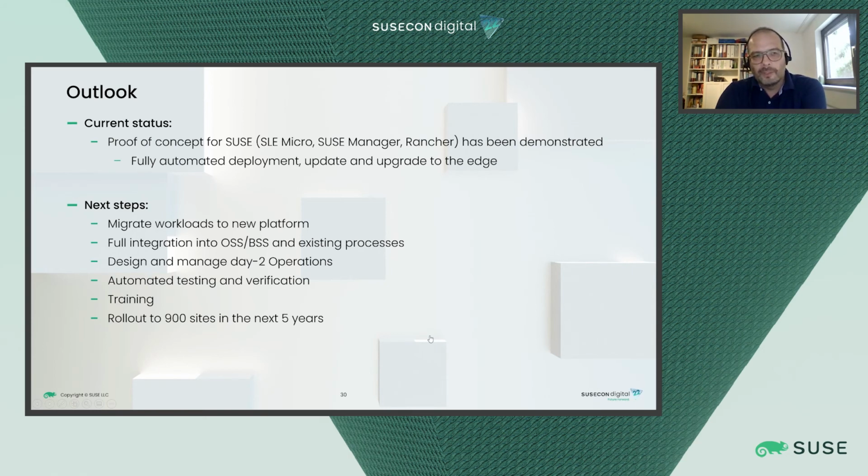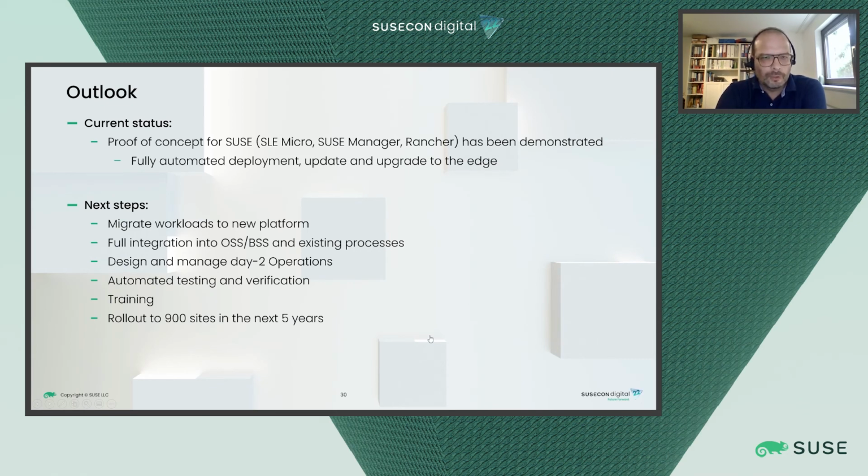Next slide, please. So let me give a short outlook on where we go in the future. The current status, as we said, is that we had a proof of concept, and it has been demonstrated that the products of SUSE can be used, like SLE Micro, SUSE Manager, and Rancher, and that it works for us.